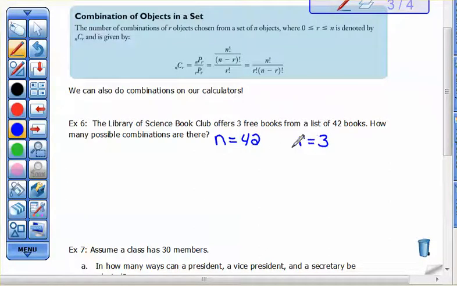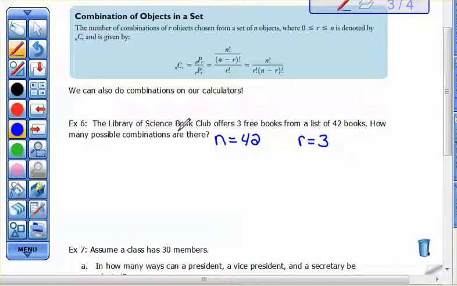The reason they're combinations is that it doesn't matter what order the 3 books are in, they're still the same 3 books.